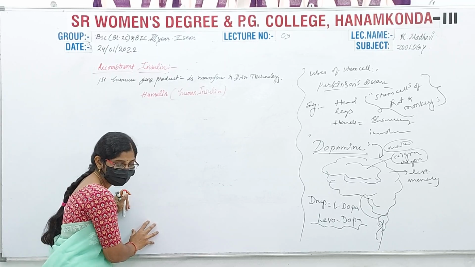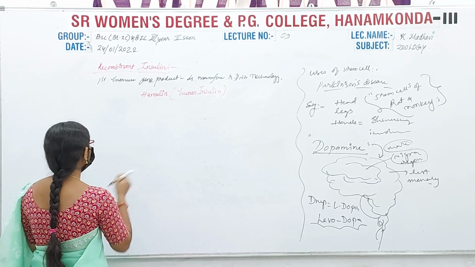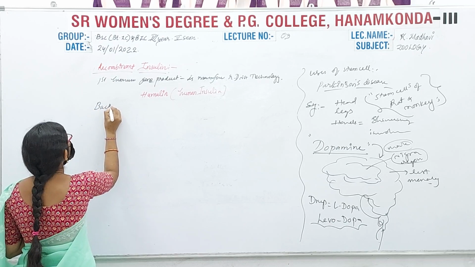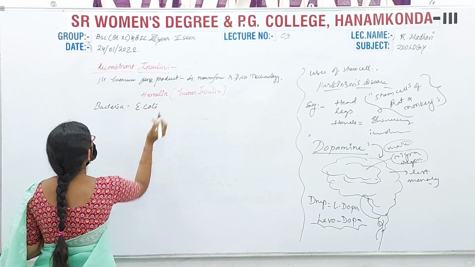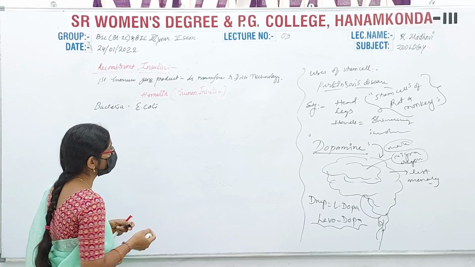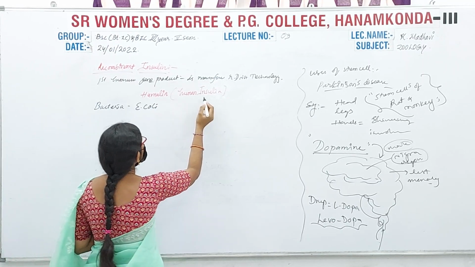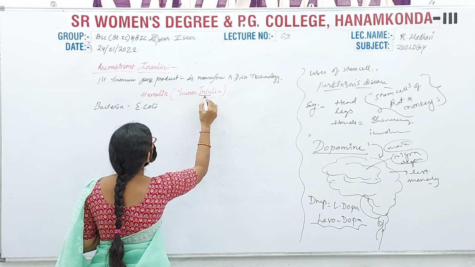The bacterium is Escherichia coli. In E. coli, human insulin is made.